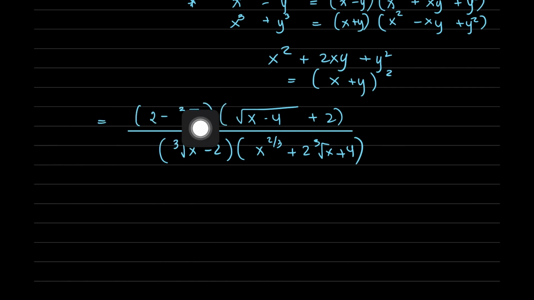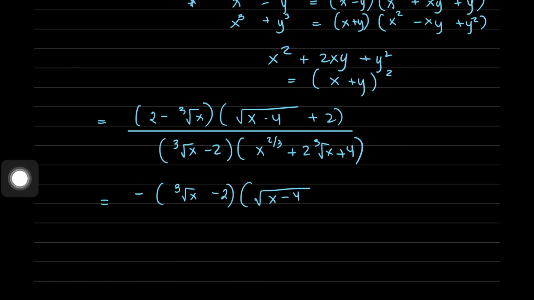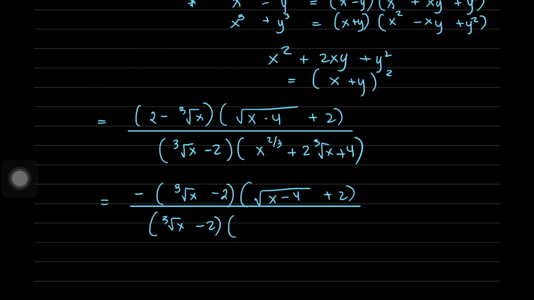However, I can bring out the negative sign in here, so that it will become negative cube root of x minus 2. If I'm going to bring out the negative sign here, 2 will become negative and cube root of x will become positive. So this is now the resulting expression, multiplied by the square root of x minus 4 plus 2, all over cube root of x minus 2 multiplied by x raised to 2 over 3 plus 2 cube root of x plus 4.